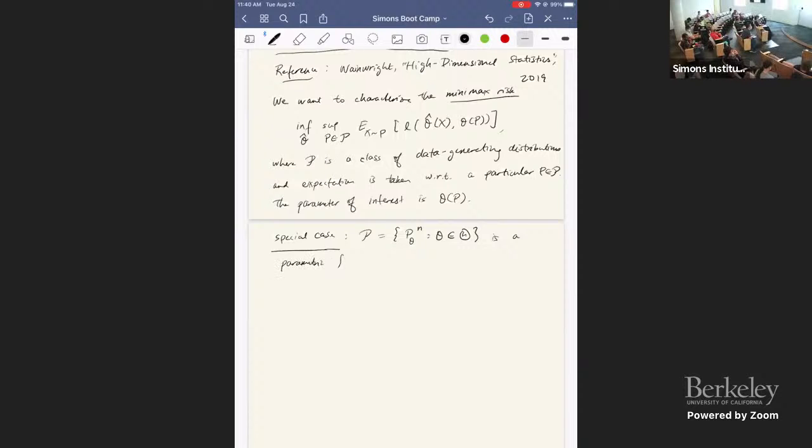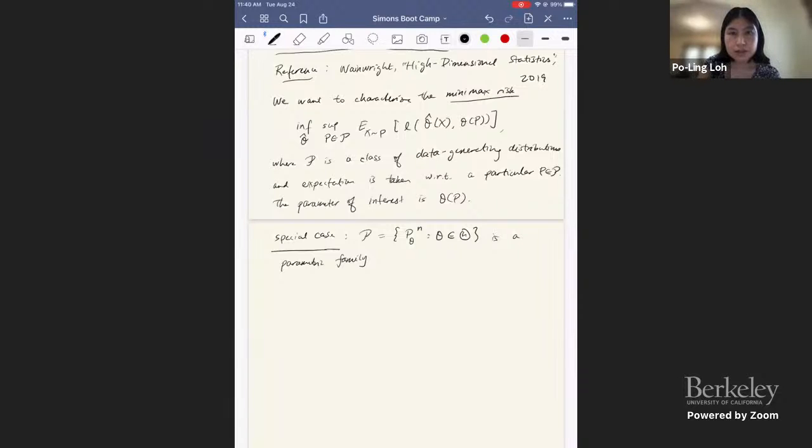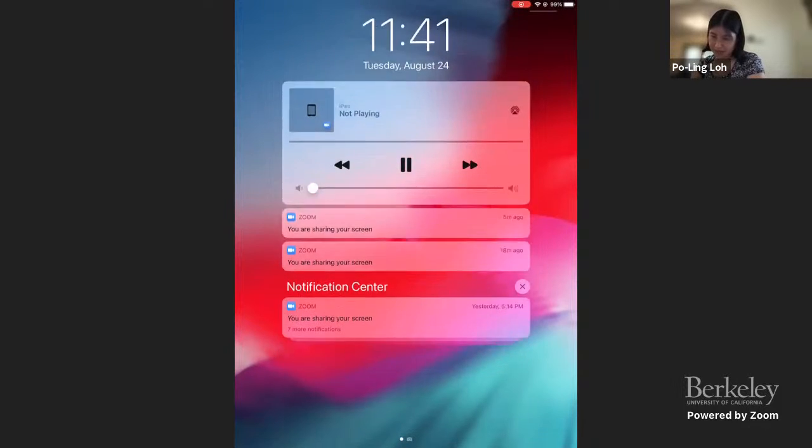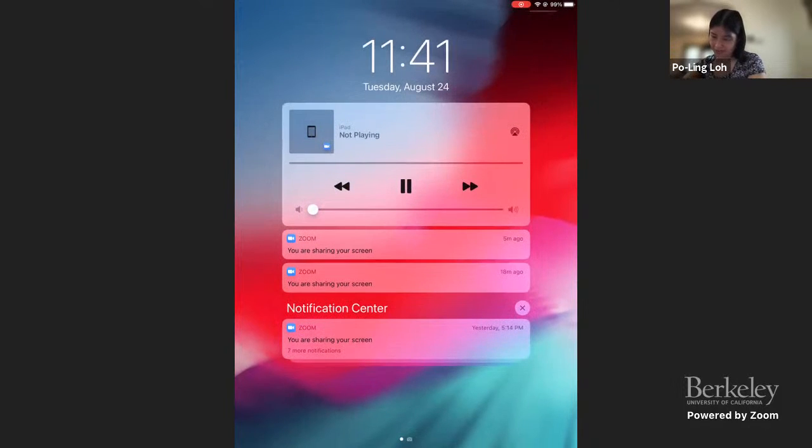Po-Ling, can you hear us if we ask a question just like this? Sorry, go ahead. What's your question? It's a little small when it comes out on this portrait. Would you be able to switch to landscape by any chance? I can try that and see what happens. Let's see.